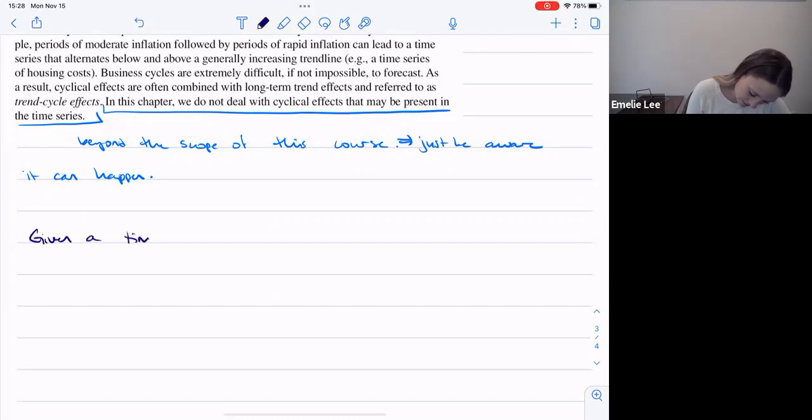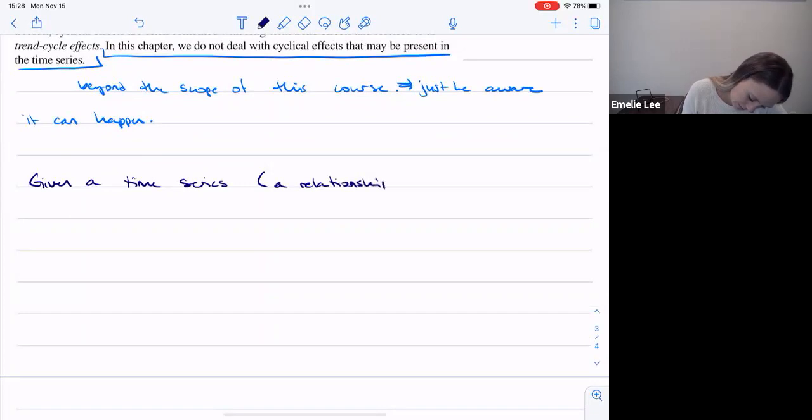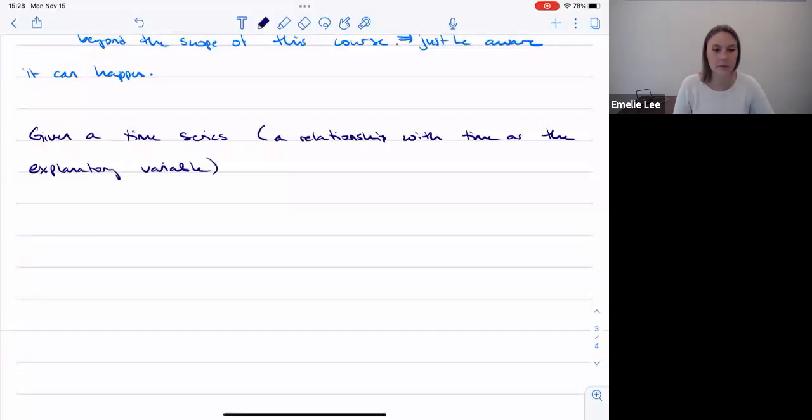Given a time series, which is a relationship with time as the explanatory variable, we first identify the pattern, and then from there we can pick suitable forecasting methods.